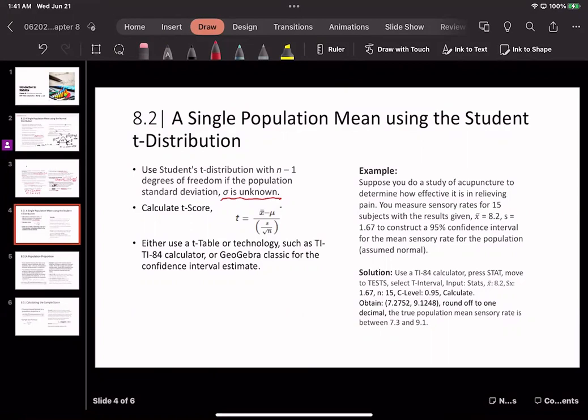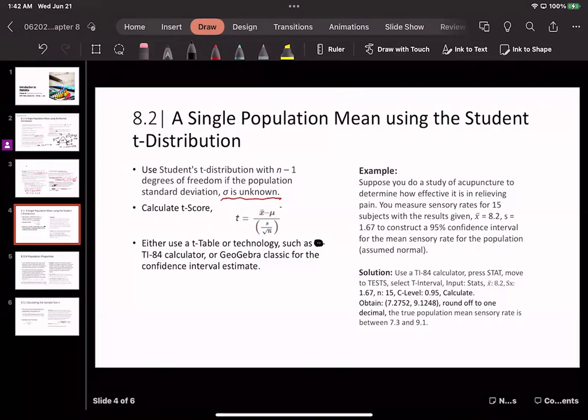We can either use a table, the t-table, which is the traditional way, or technology such as a TI-84 calculator or GeoGebra Classic for the confidence interval estimation.